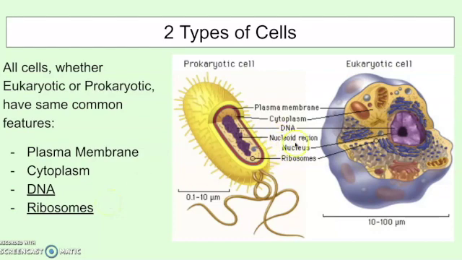Now in this image you'll also see a nucleus and a nucleoid region. The main concept to take from here is that we have localized centers for our DNA, but only eukaryotic cells have a nucleus. In prokaryotic cells it's a bit more messy, but the DNA is formed together in the central section that we refer to as a nucleoid.